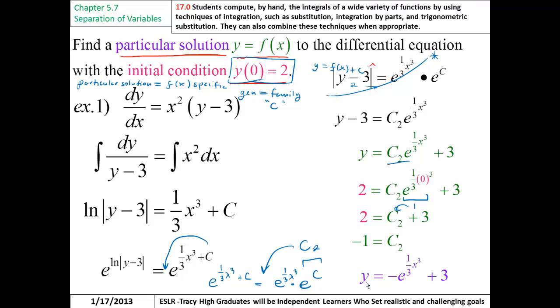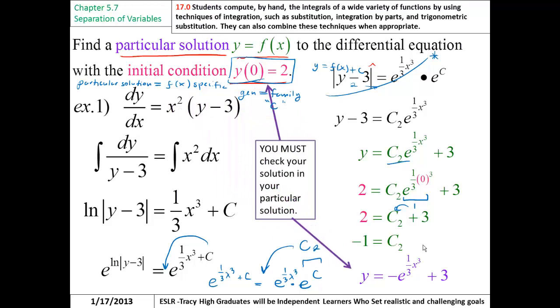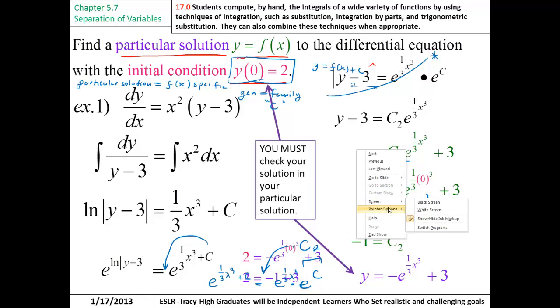Then we can plug in for c sub 2, and there's a minus 1 hanging out right there. And this is your particular solution. He's saying that you must check your particular solution. All that's saying is plug in 0 for x and make sure you get 2, which he does over here.